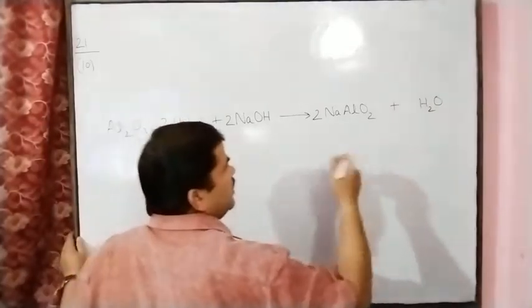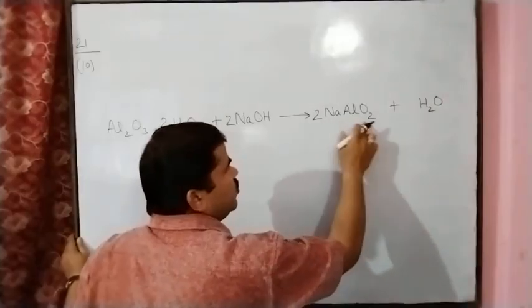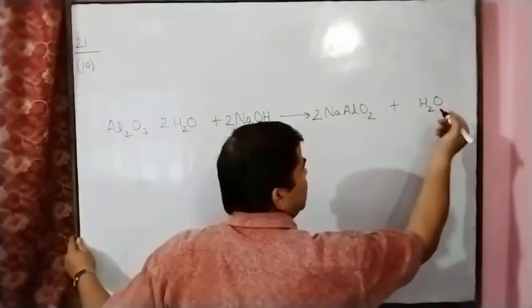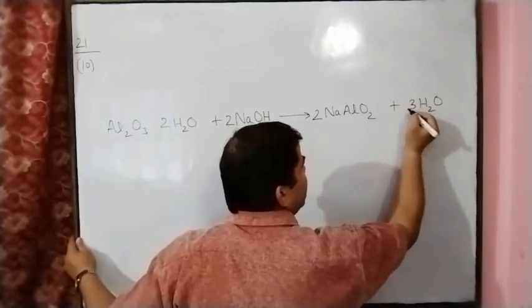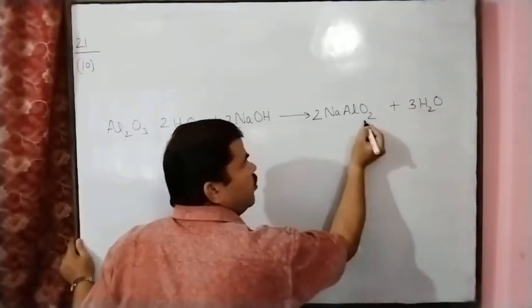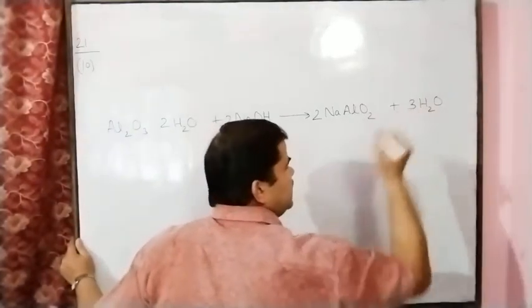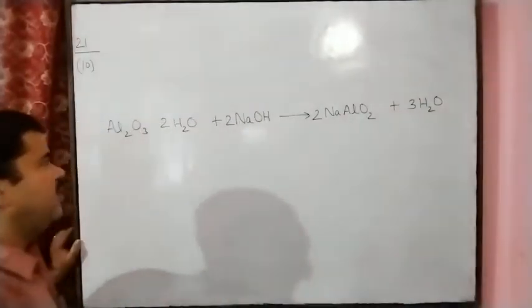And we see here the number of oxygen is 2 to the 4, and 3 more are required, so we can write 3 here. So total 4 oxygen here and 3 oxygen here, total 7 oxygen.